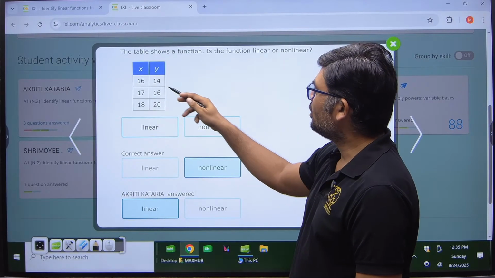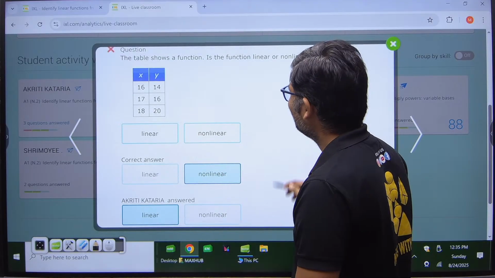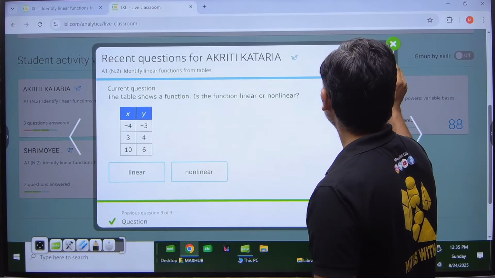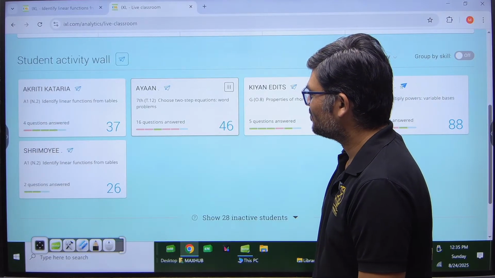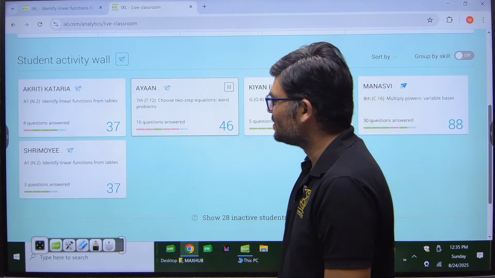Okay, Agriti thought that it is 2 again. So both of you have the same pace, going at the same pace. 37, 37.